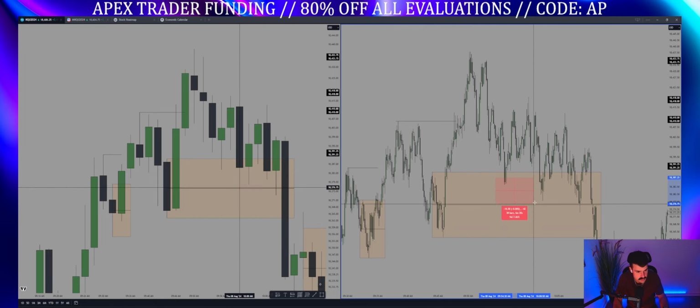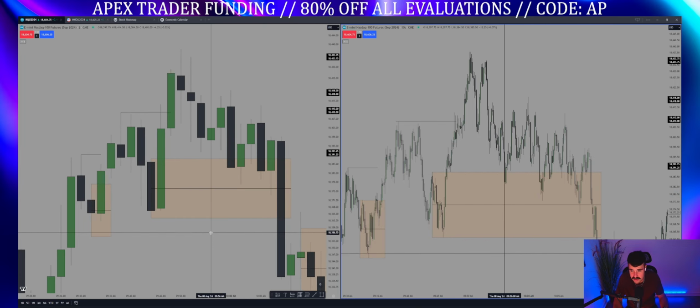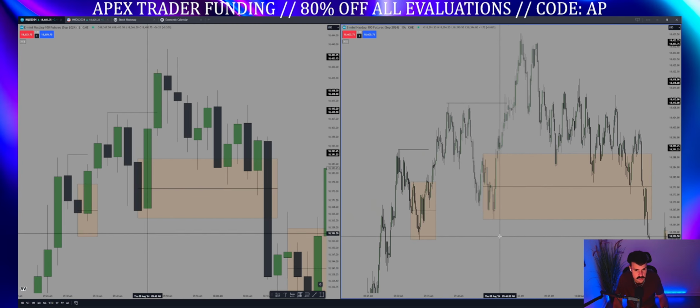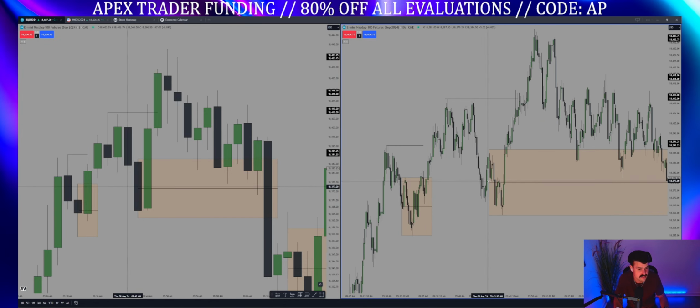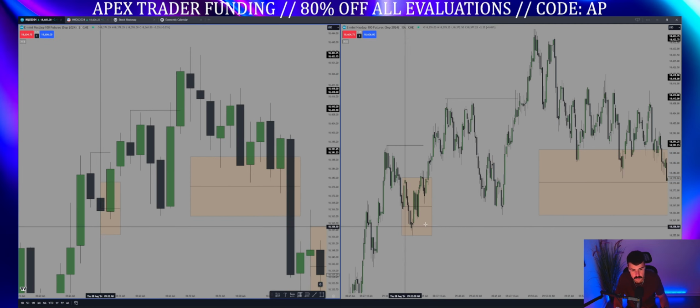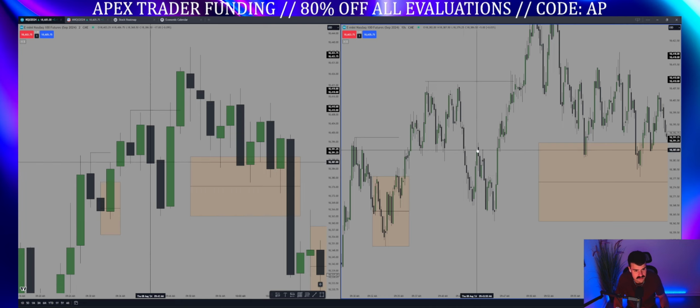We come down, we attempt to mitigate this area a couple times, our validated area, which is perfectly aligned. I kind of want to pause here for a moment and talk about this, because it's something I like to see specifically with these setups. Usually we run into a situation where it is perfectly aligned off the 2 and the 10, the 1 and the 10, 3 and the 30, 6 and the 1, 12 and the 2, whatever time frame you're using.